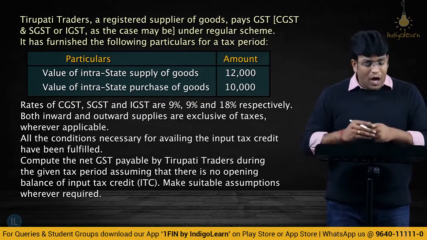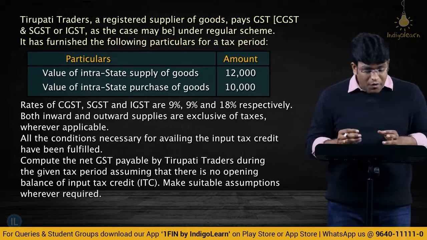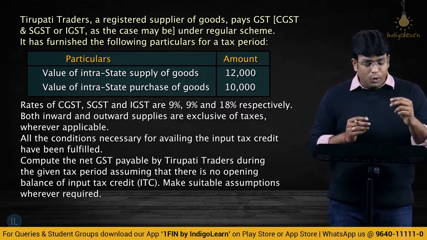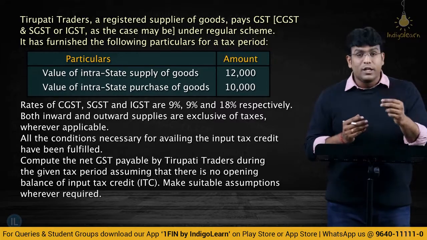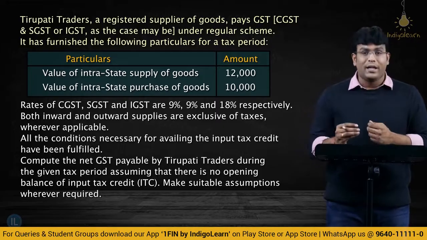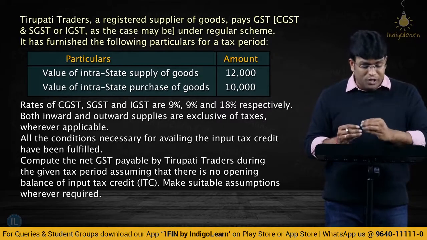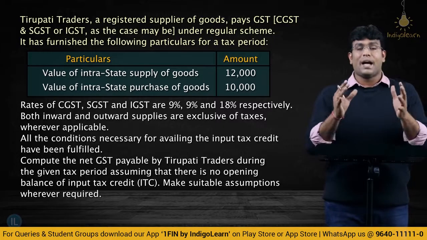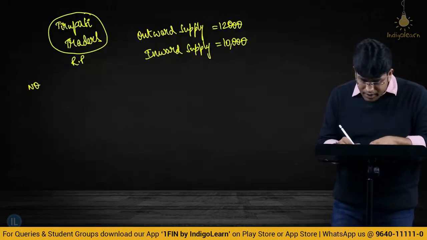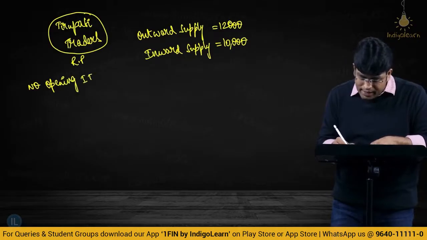And below they also gave that all the necessary conditions for availing credit have been fulfilled. They asked, compute net GST payable by Tirupati traders during the given tax period, assuming that there is no opening balance of input tax credit, and make assumptions wherever required. So if you observe, my dear friends, there is no opening ITC, correct?